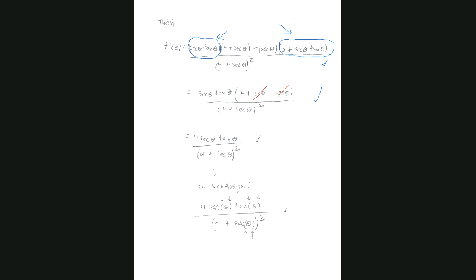And so this is your answer for f prime of theta. F prime of theta equals 4 times the secant of theta tangent theta, all divided by quantity 4 plus secant theta squared.